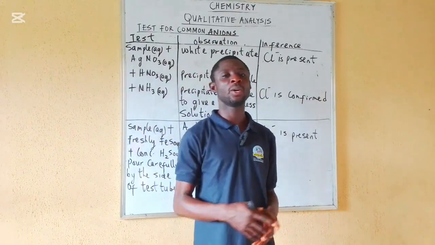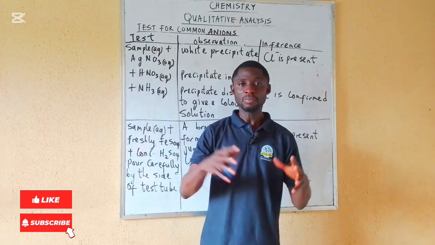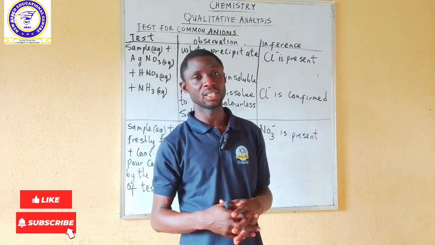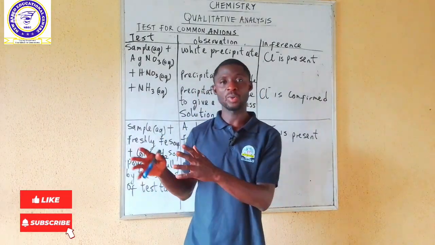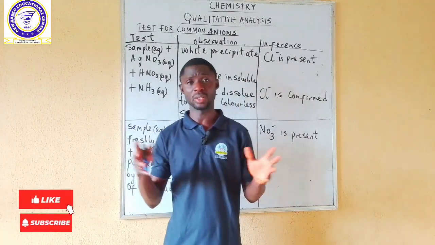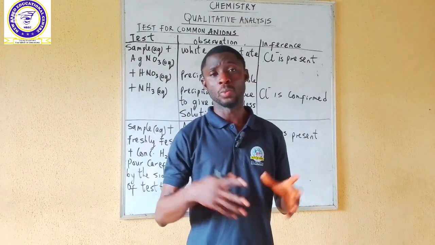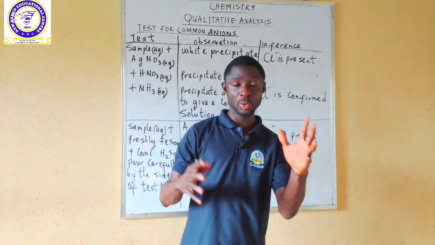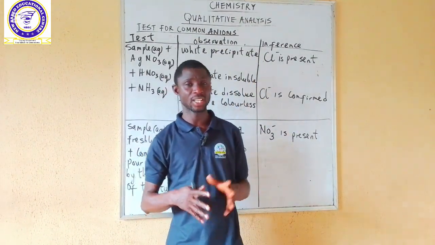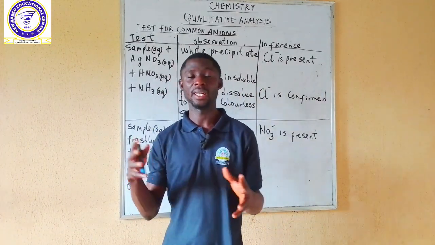Today we want to continue from the aspect of qualitative analysis, actually the aspect of alternative to chemistry practical, how to answer questions correctly on alternative to chemistry practical. We have done the first part of this section where we gave you clues and tricks on how to answer questions on testing for cation present in a chemical sample.